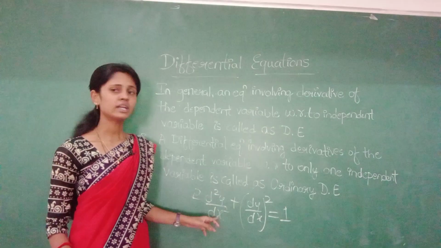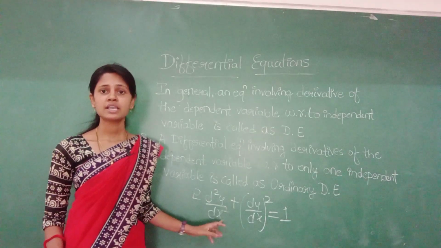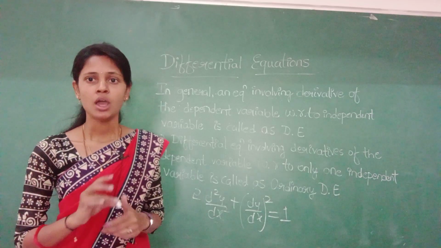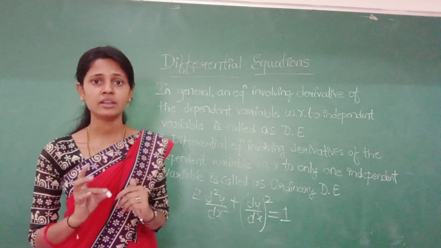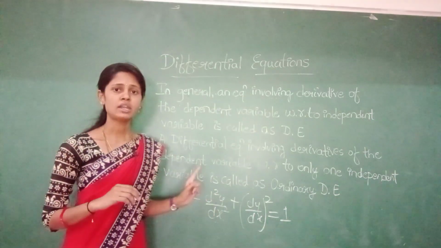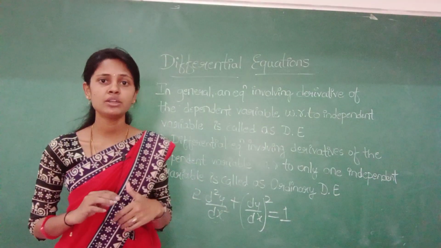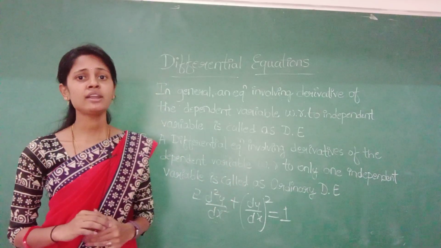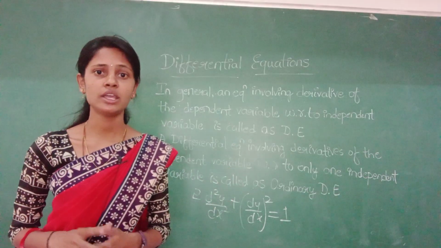Because it contains only x as the independent variable and y as the dependent variable. No more variables are there, either dependent or independent. So only one dependent and only one independent variable are there. So this equation is called an ordinary differential equation, right?